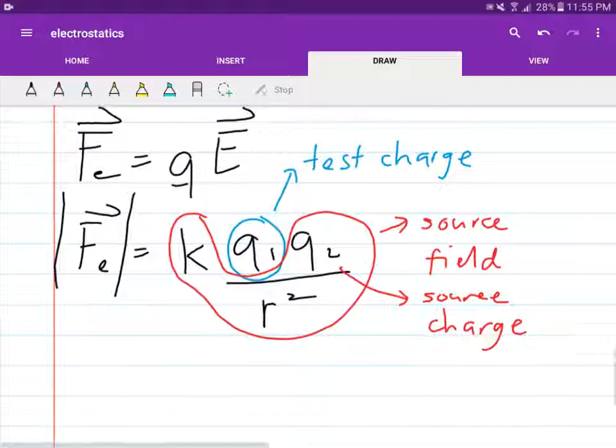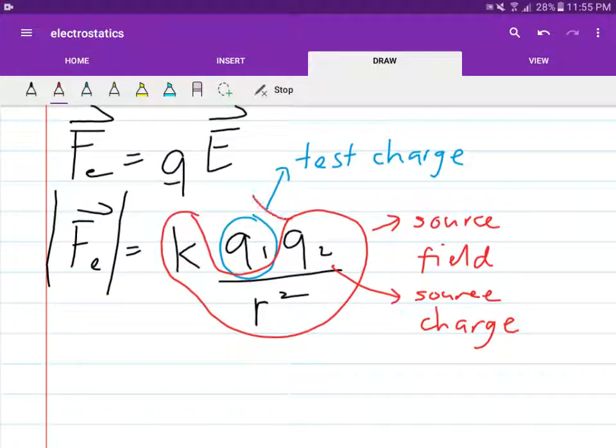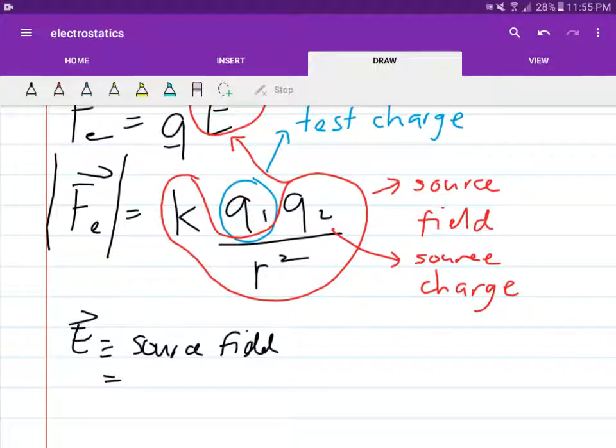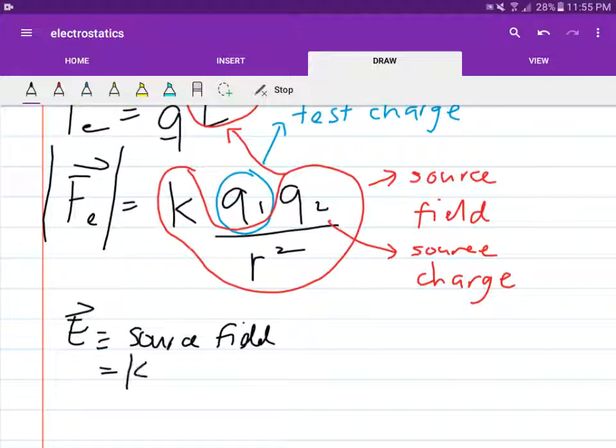So this whole term is actually the electric field. So we can say that the electric field or the source field is equal to K Q2 over R squared.